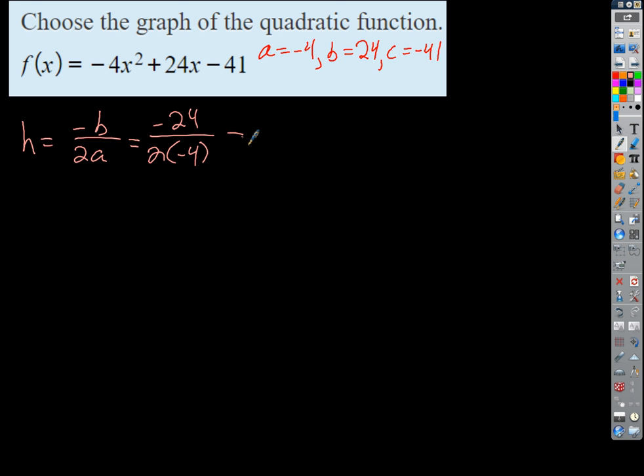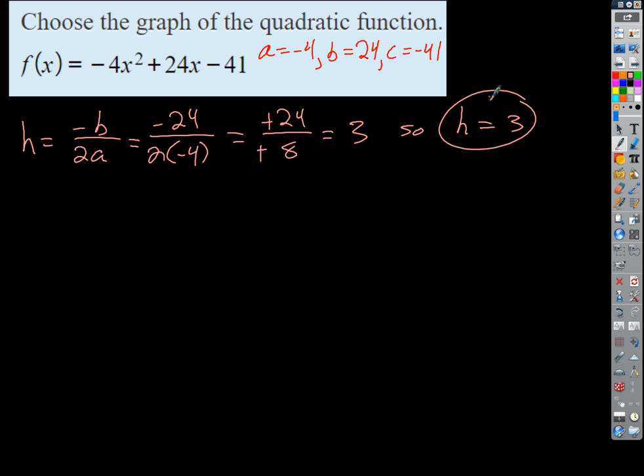If I simplify that, multiply straight across, I get -24 over what? -8. Good. So negative over negative is positive. 24 over 8 is 3. So we know h equals 3, so there's the x-coordinate of the vertex.